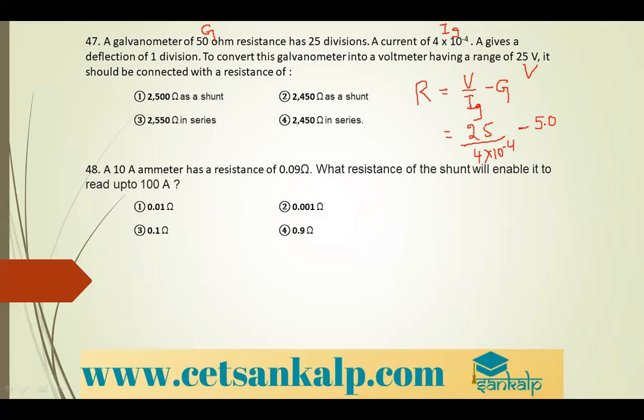So what I can do is write this as 25 into 10 to the power 4 divided by 4 minus 50. So 4 ones are 2500.